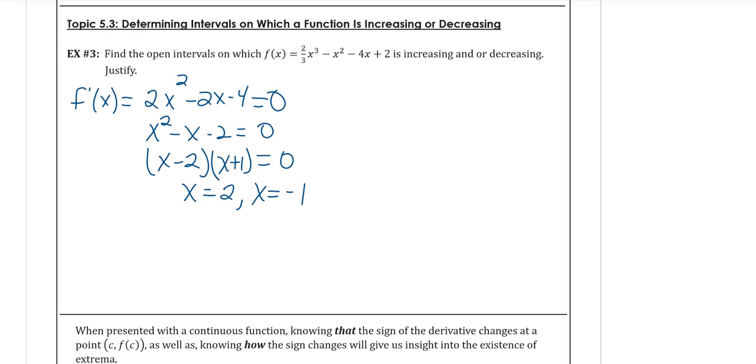Okay, so here is what our sign chart is going to look like. We're going to mark these values: here's -1, here is 2. Then we're going to pick x's in between them. On top I'm going to put the f prime's sign, whether it's positive or negative, and below I'm going to put f's direction.